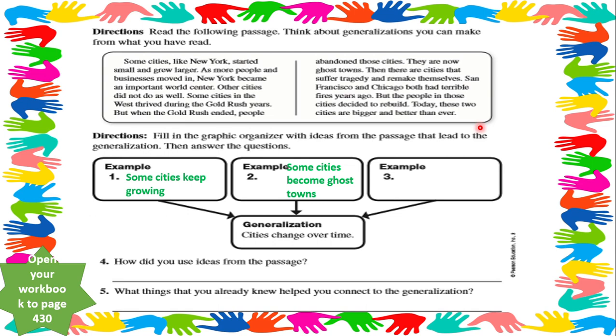Example 3, okay, they said that some cities, now the best thing to do with such a passage is to divide it into different parts so that it becomes easier for you to understand. And the last thing is that there were cities that managed to rebuild themselves. They suffered tragedies and rebuilt. So we reach this generalization.